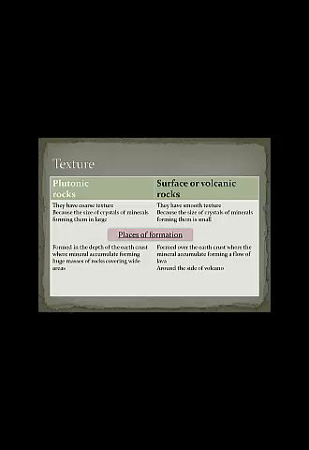According to place of formation, plutonic rocks are formed in the depths of the Earth's crust, where minerals accumulate, forming huge masses of rocks covering wide areas. But surface or volcanic rocks are formed over the Earth's crust from lava solidification, where minerals accumulate, forming a flow of lava around both sides of the volcano.